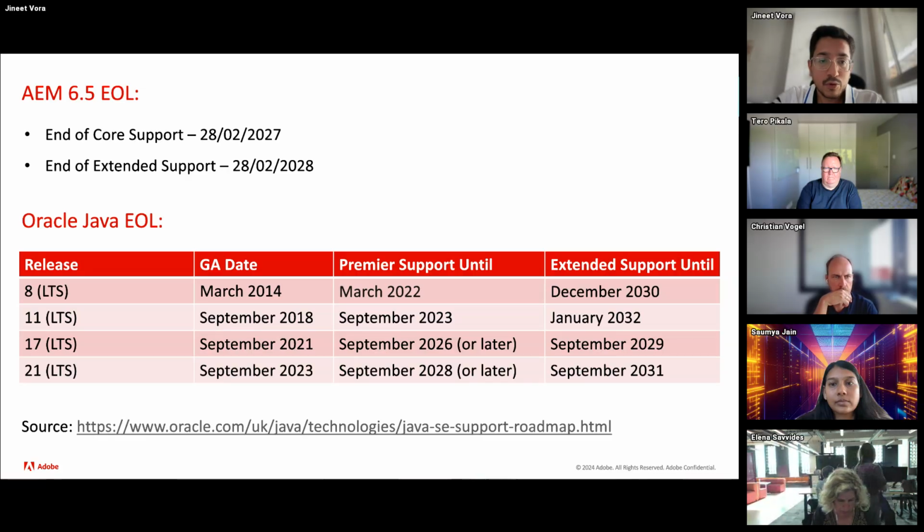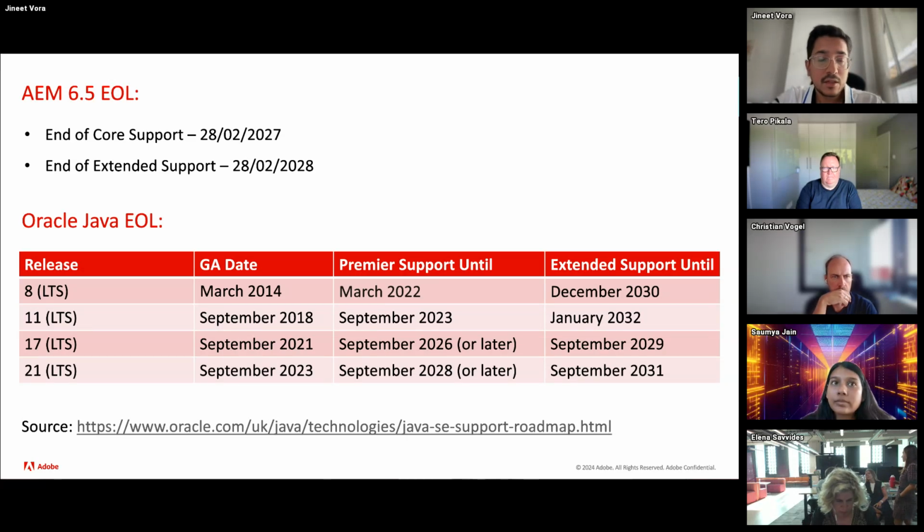And the extended core support is in 2028. Now, one of the key reasons behind this is Java, which is the backbone of AEM, and Oracle Java 8 and 11, which AEM supports, are reaching the end of their lives.